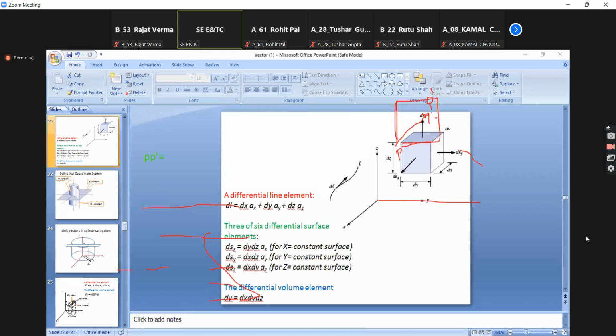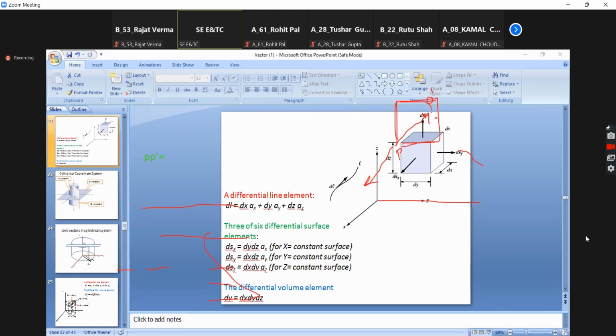So multiplying the length and breadth, I am getting the magnitude, that is dy dz. And as you can see, ये जो plane है, इस plane को perpendicular axis कौन सा है? It is the x axis. So जो हम direction दिखाते हैं, because the differential surface element is a vector, it has to be shown with magnitude as well as direction.